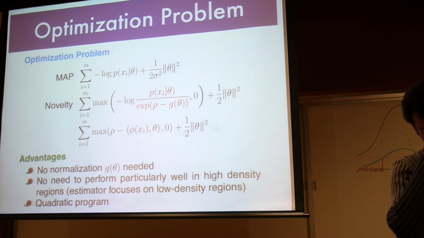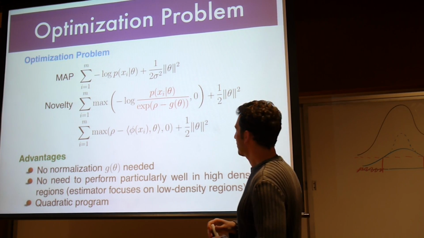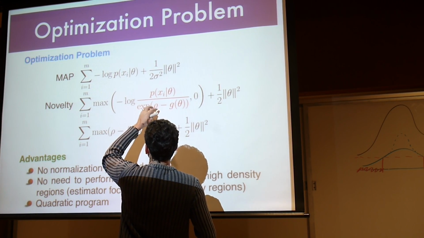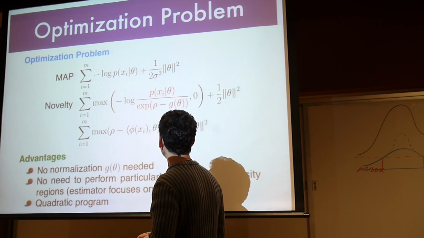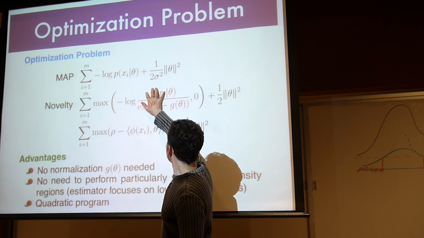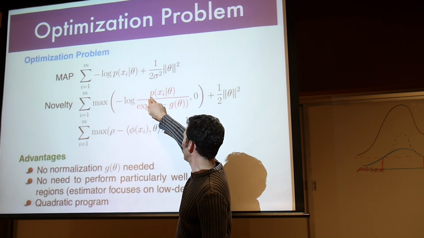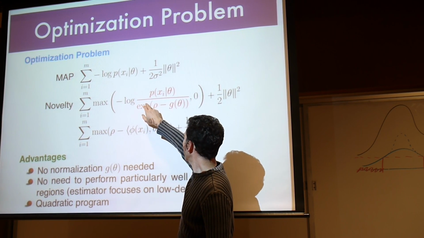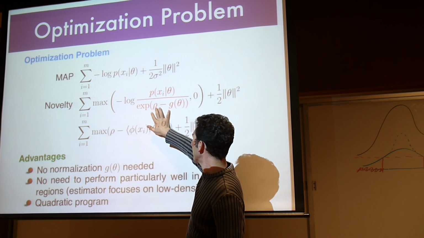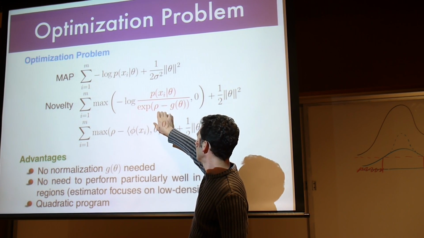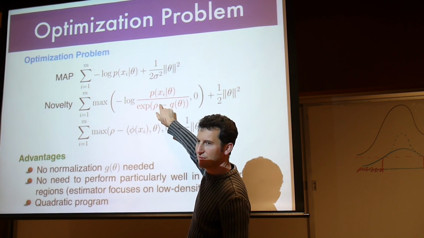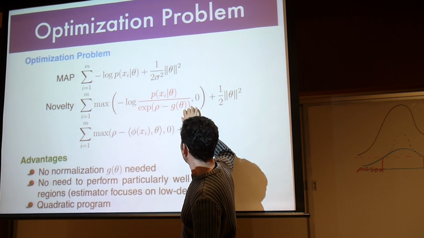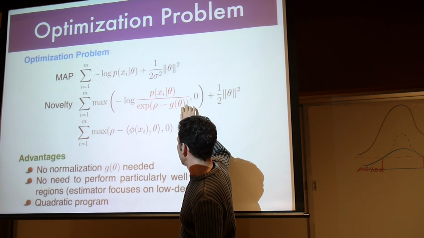Yep, we can. And I'm going to transform this optimization problem here into a novelty detection problem. So the first thing I'm going to do is look not just at the log likelihood of the instances, but look at the log likelihood and compute it with regard to a reference score, e to the rho minus g of theta. Now by picking this reference score, this is constant after all, I'm getting rid of the entire scale.